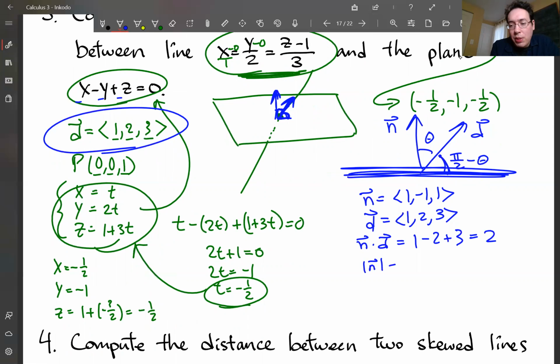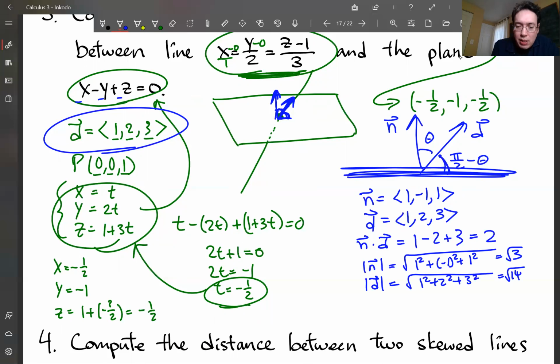I also need to compute the magnitude. Okay, so that's the square root of 3. The magnitude of the directional vector is square root of 14.